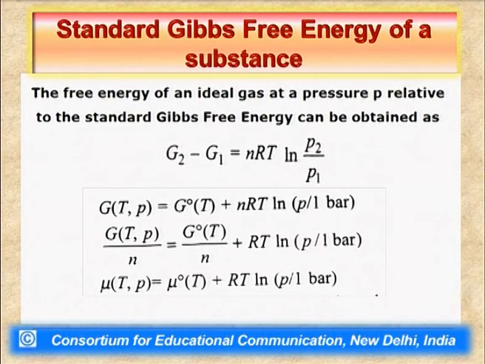So, basically, Gibbs free energy at temperature T and pressure P can be determined relative to the standard Gibbs free energy at the same temperature T, plus nRT ln P by 1 bar. Here P divided by 1 bar means pressure in bar divided by 1 bar, which is a dimensionless quantity, and the logarithm of anything must be taken of a dimensionless quantity.